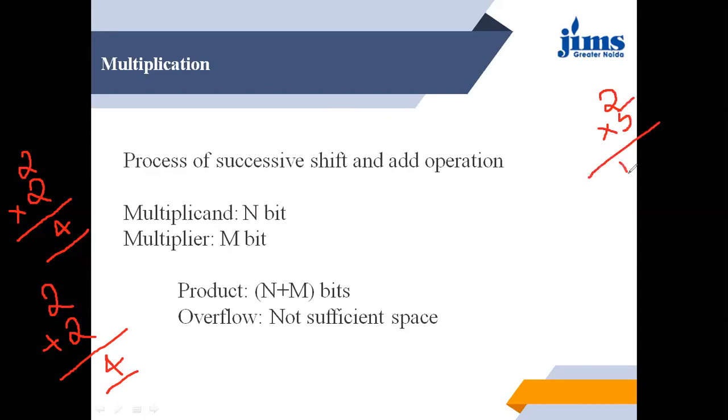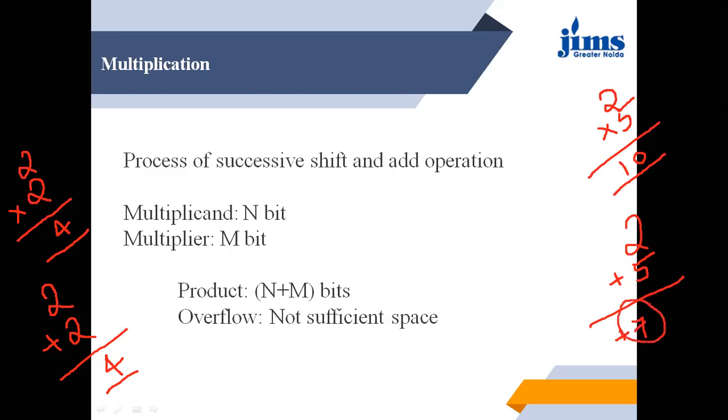But when I add 2 with 5, it is not 10. So it is by chance that in the first case the addition is equal to the multiplication.